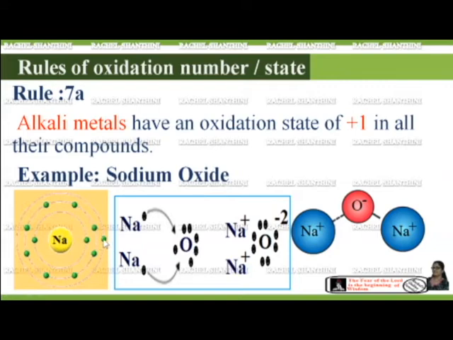It has the tendency to donate that electron. Here in sodium oxide, we have 2 sodiums and each sodium donates 1 electron to oxygen. Since sodium donates 1 electron, the oxidation state of sodium is plus 1 here. So the alkali metals have the oxidation state plus 1 in all their compounds.